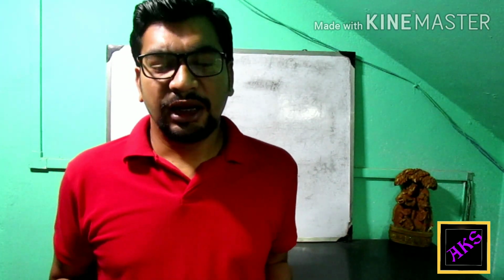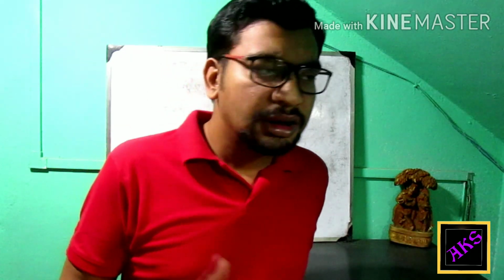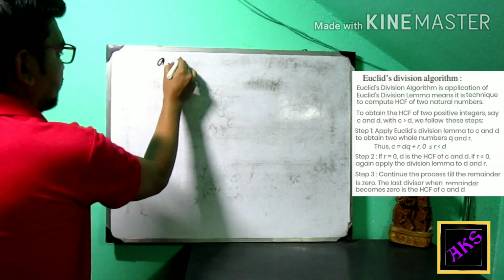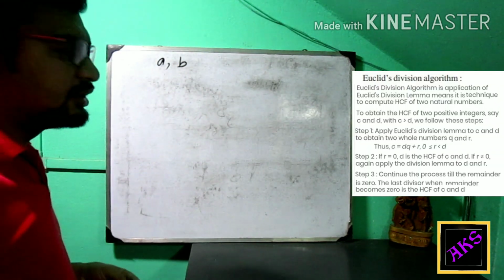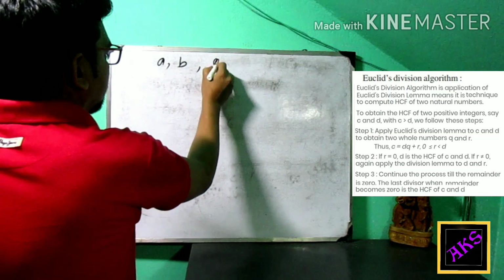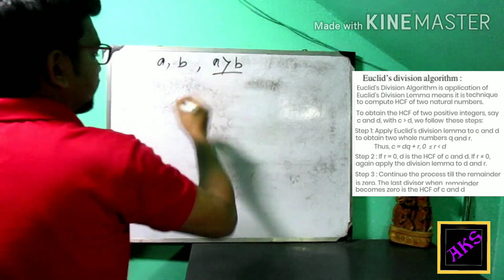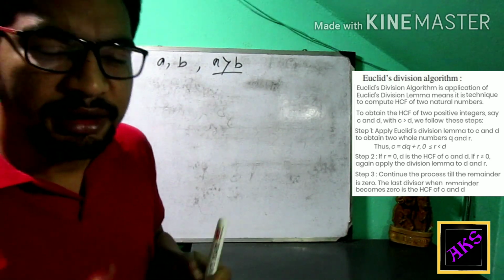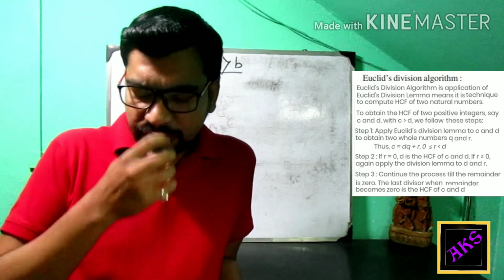Now, Euclid's division algorithm. This is based on Euclid's division lemma. According to this, we can find the HCF of any two positive integers. Let us take two positive integers a and b. If it is given that a is greater than b, then we can find out the HCF of a and b by this process.